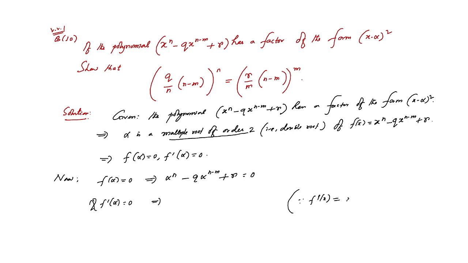So f dash x means n x to the power n minus 1 minus q (n minus m) x to the power n minus m minus 1. So that means n alpha to the power n minus 1 minus q (n minus m) alpha to the power n minus m minus 1 equals 0.